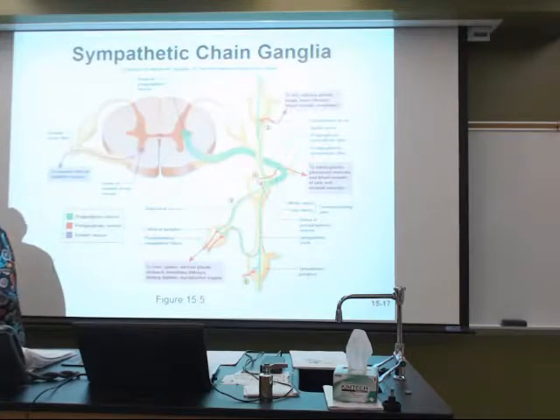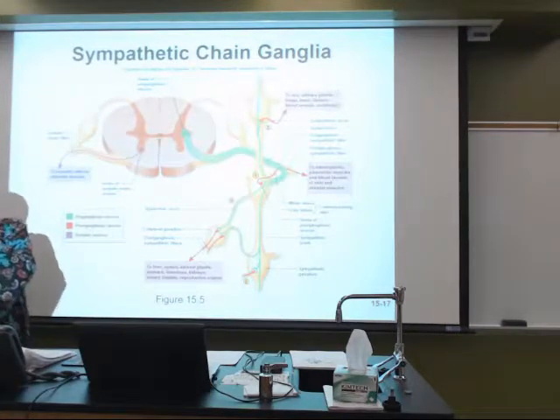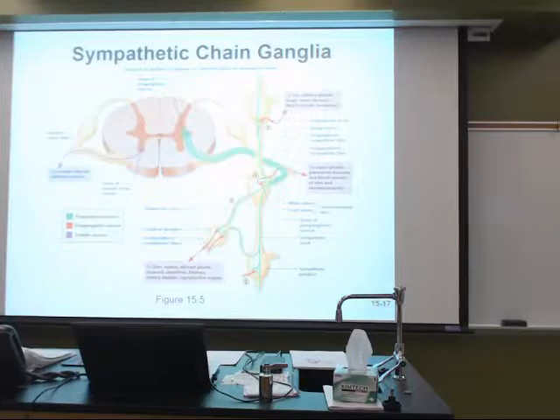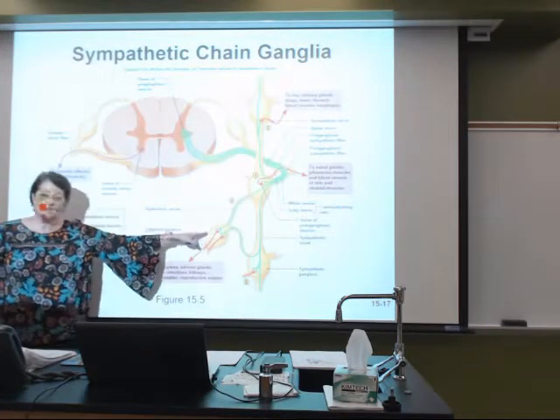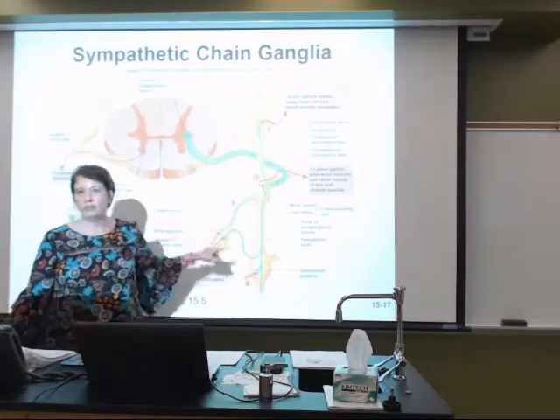If you look at this picture right here, do you remember how in the first picture that we looked at, some of it went to these collateral ganglia that are located in the areas of the abdominal cavity? This one is traveling by way of the splanchnic nerve, which is an important one, into one of these collateral ganglia.